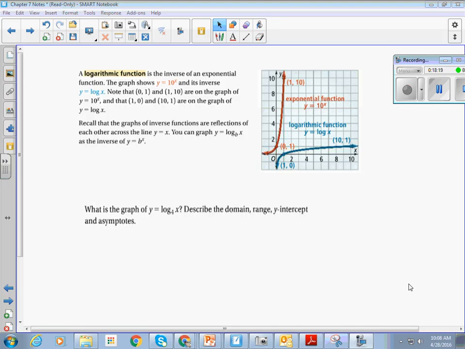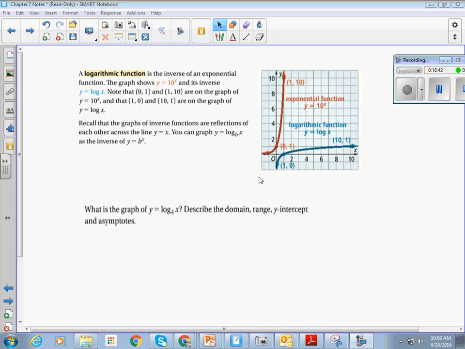All right, so now we get to the graphing part of our learning objective. A logarithmic function is the inverse of an exponential function. The graph shows y equals 10 to the x. So that's this guy right here, y equals 10 to the x. And its inverse, y equals log of x.